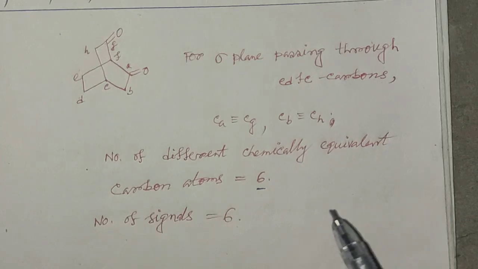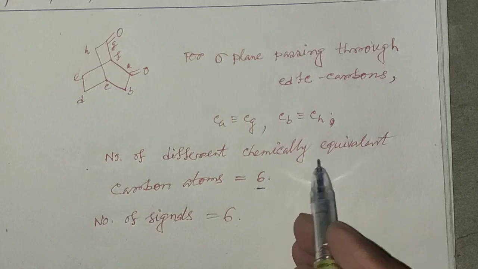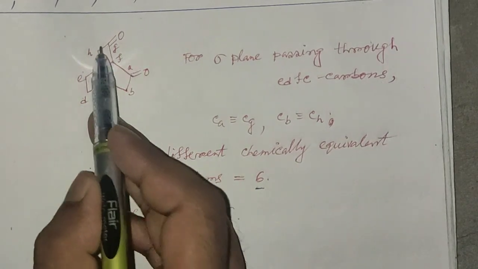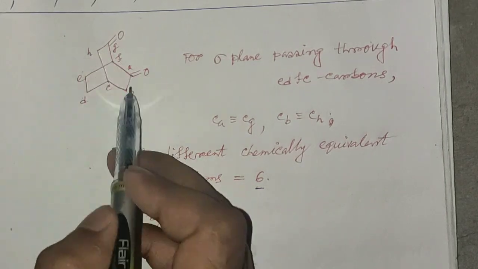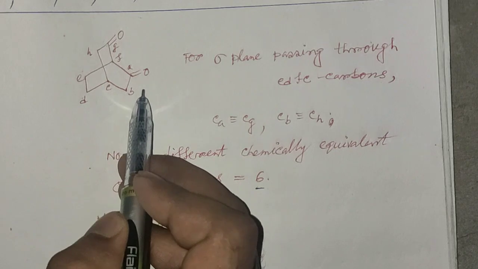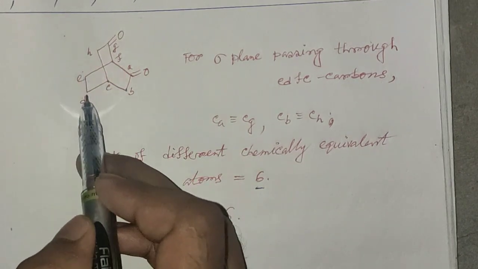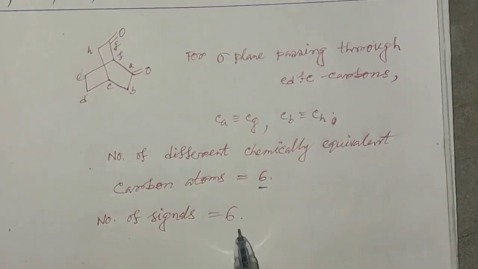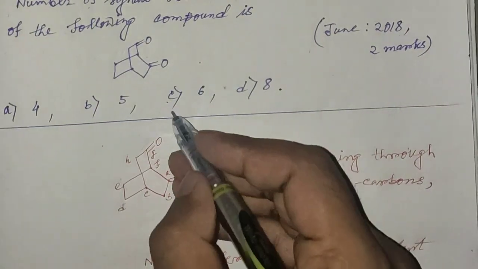So we can see that there are 6 different chemically equivalent carbon atoms: these 2 are equivalent and these 2 are equivalent. That means for these 4 carbon atoms there will be 2 equivalent carbon atoms, and these 4 will be different carbon atoms. So as a whole there will be 6 carbon atoms and the number of signals in the 13C spectrum will be 6. So option C is the correct answer.